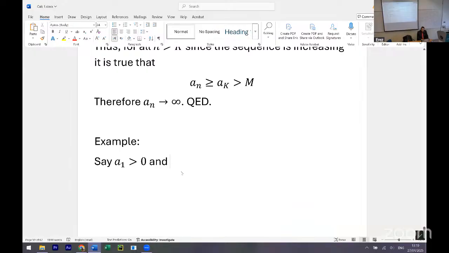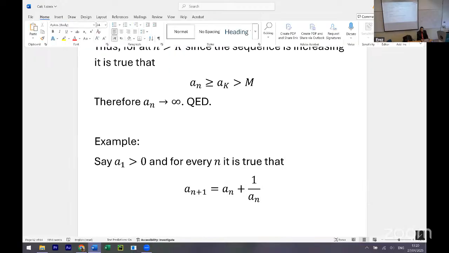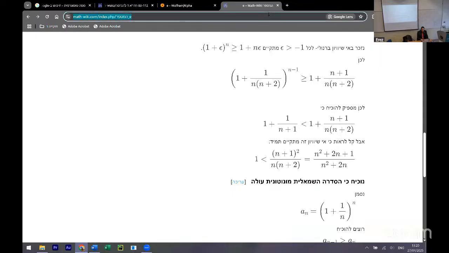Now let's look at the following example. Say a_n is larger than 0, and for every n it is true that a_(n+1) equals a_n plus 1 over a_n. Again, I need a term in English.